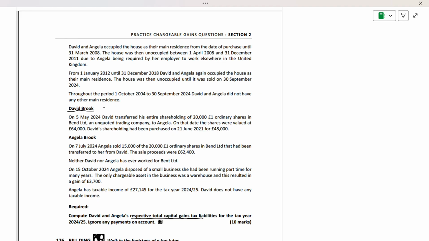Angela has taxable income for the tax year 2024 of 27,145. David does not have any taxable income.